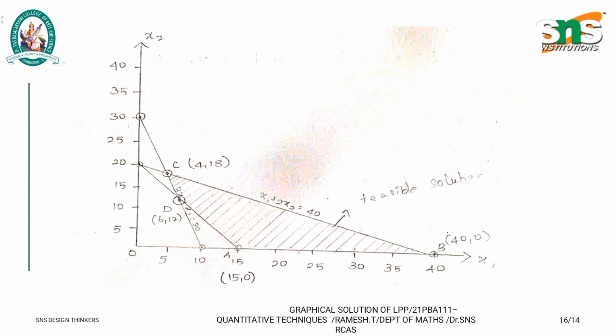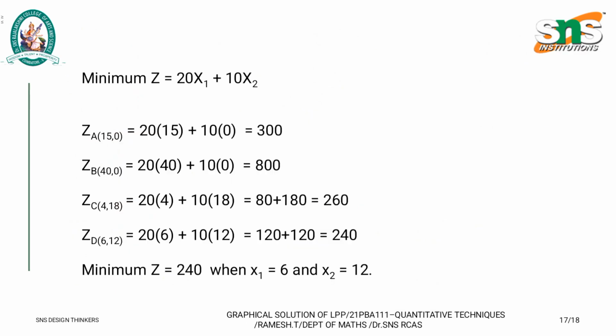We don't know C, which is the intersection of two lines, and D, which is the intersection of another two lines. Therefore, we solve those line equations, get the points, and put everything into the objective function. Since the problem is minimization, we identify the minimum value, which is 240 when x1 is 6 and x2 is 12.